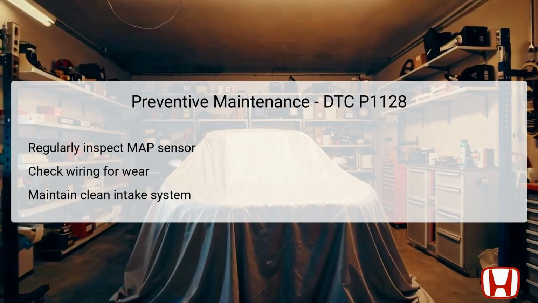Next, check the wiring and connectors for wear and corrosion regularly, as these can affect signal quality and reliability. Lastly, maintaining a clean intake system ensures optimal airflow to the engine. Regular service checks can help catch these issues early, ultimately prolonging the lifespan of your vehicle and its components.